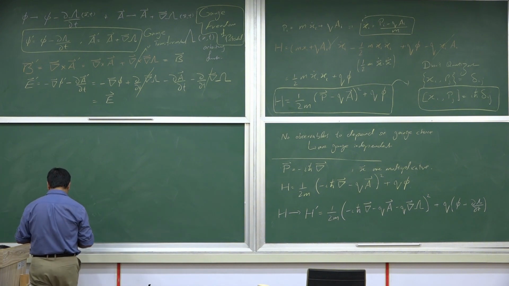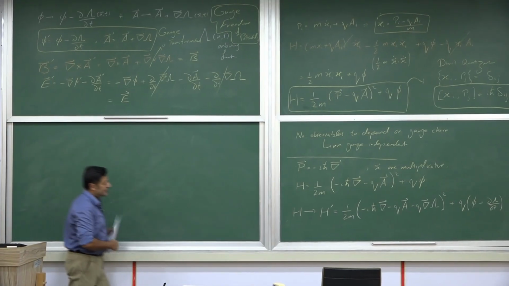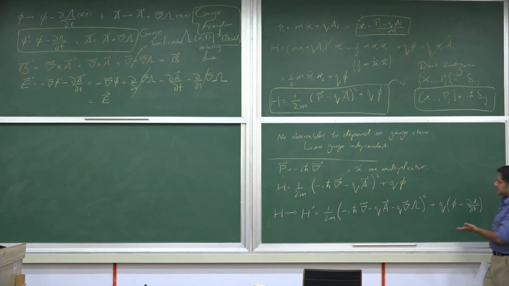So suppose I make a gauge transformation here. I feel like I'm in trouble. My Hamiltonian has changed.